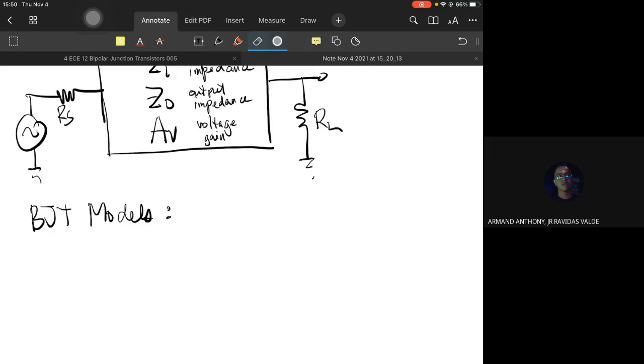When it comes to BJT models, daghan gid kaayo nga BJT models that we could choose from. Basta daghan various models.